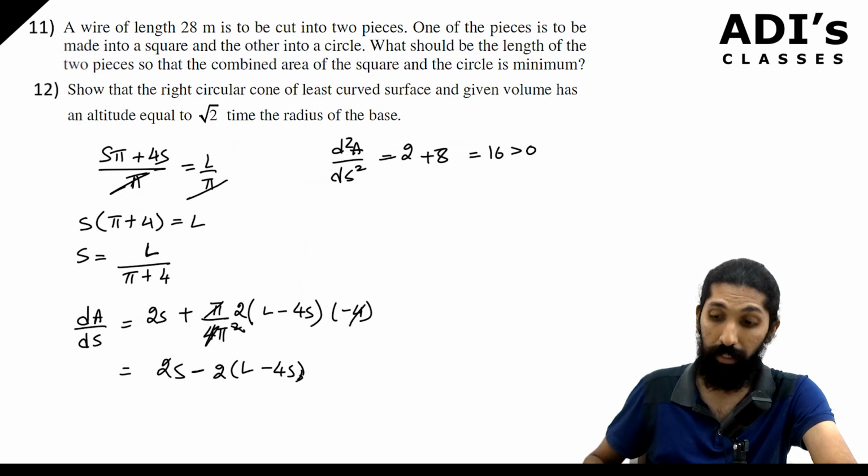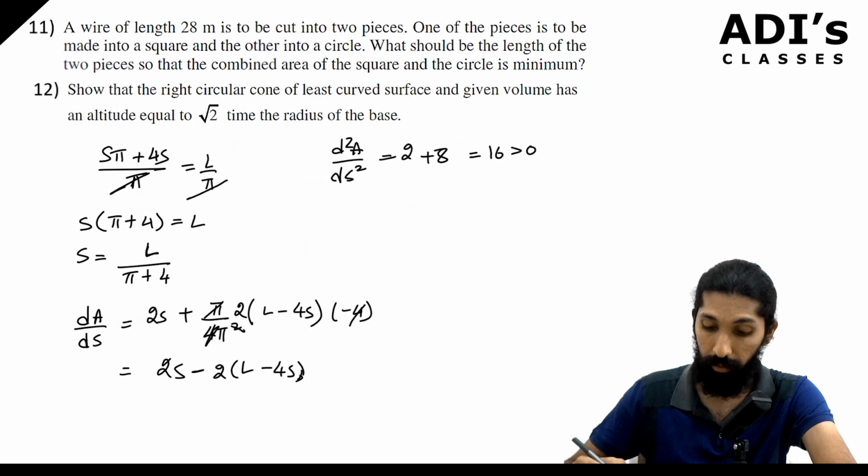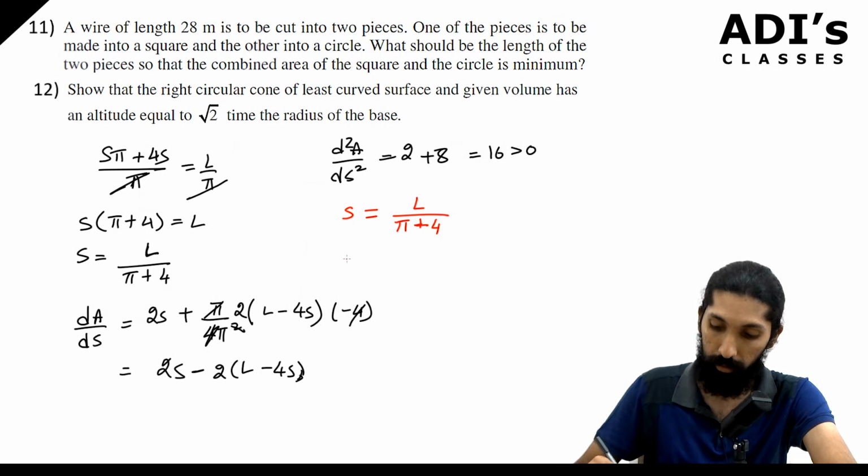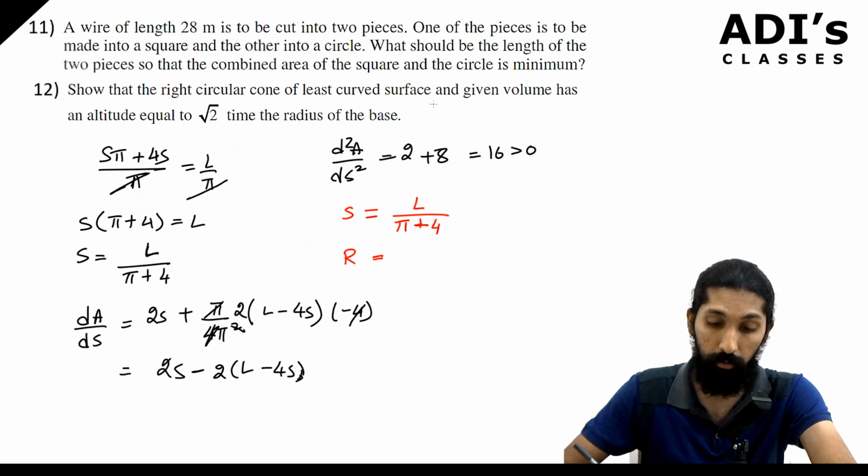So what is the length? What did we get? We got the side of the square to be L divided by (pi plus 4), and the radius R, because the wire of length L is cut into two pieces, right?